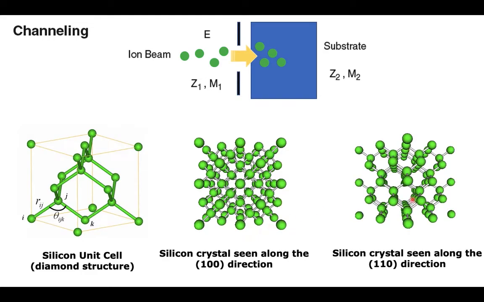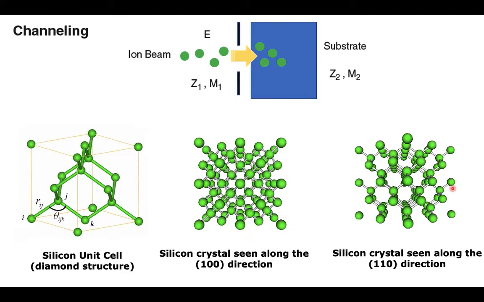Similarly, if you look along the 110 direction, you have a different kind of structure. The point here is that if you do ion bombardment on the same silicon substrate, in one case along the 100 direction, in another along the 110 direction, and in the third case along a random direction, the distribution of the atoms after the ion bombardment will be different for all three cases.